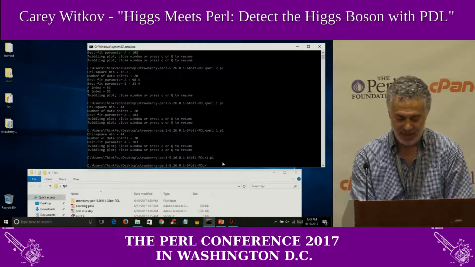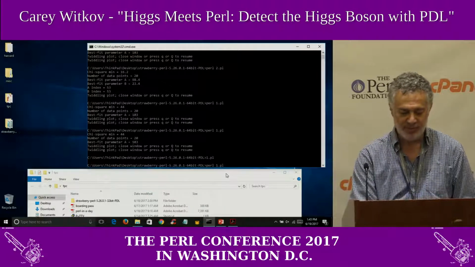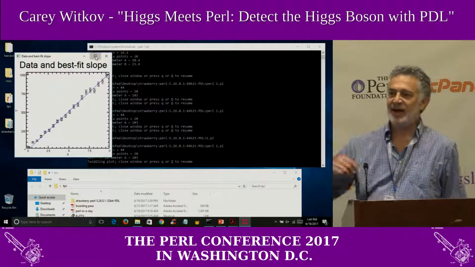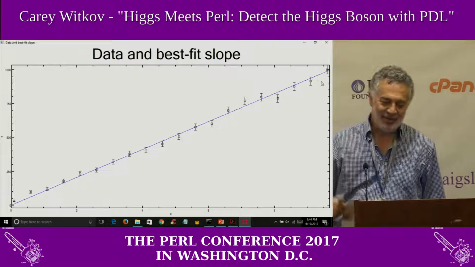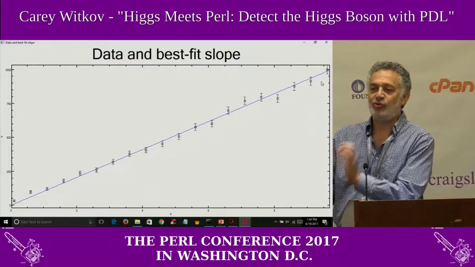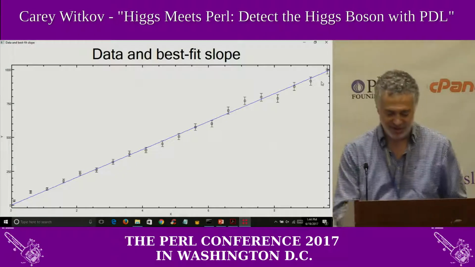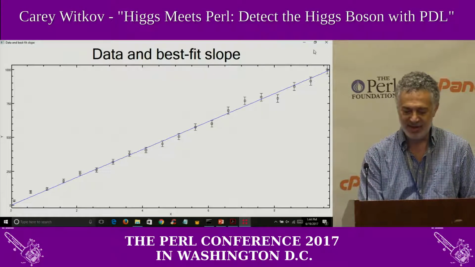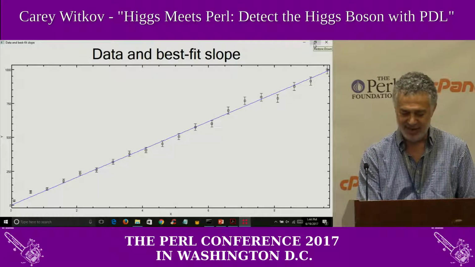So we're going to run the first script, and for the plotting we're using David Mertens' fine module, PDL::Graphics::Prima::Simple, which has some really nice and useful features. And this is just showing the data.